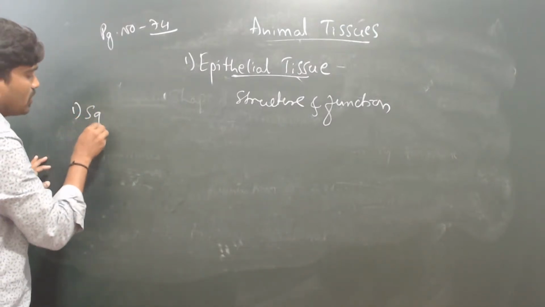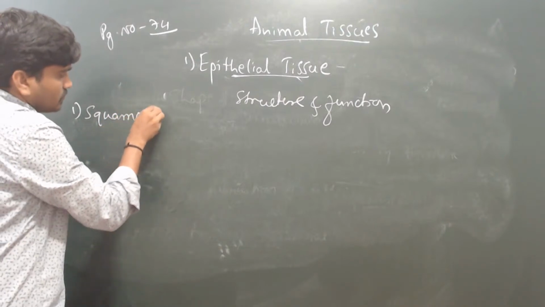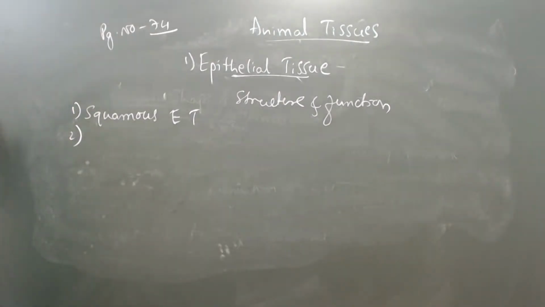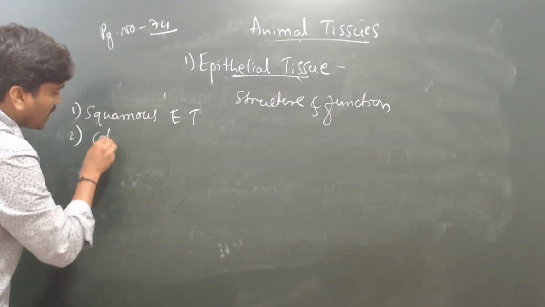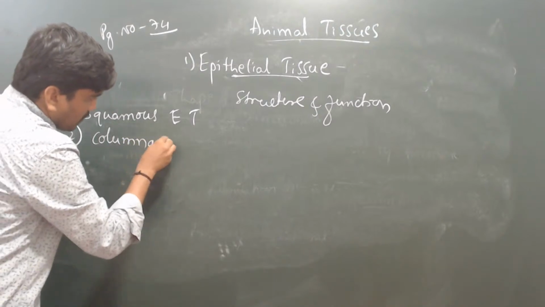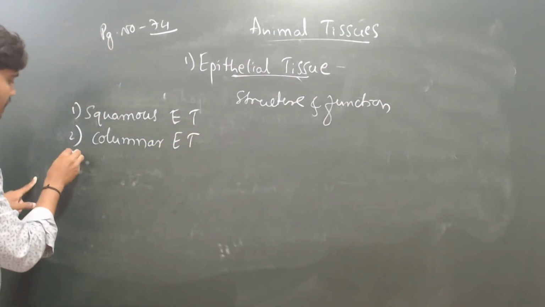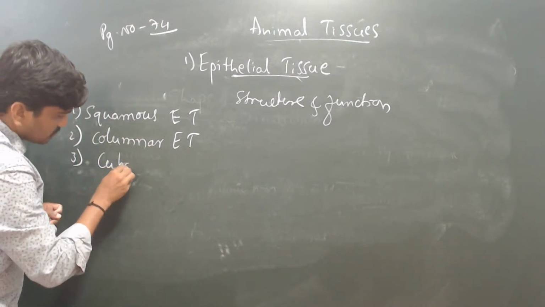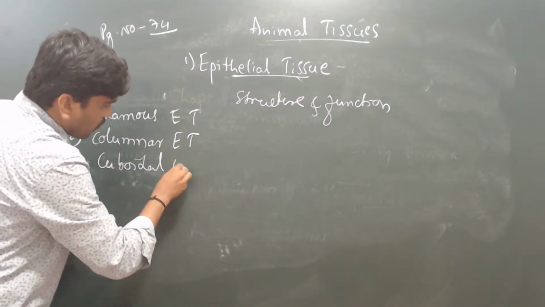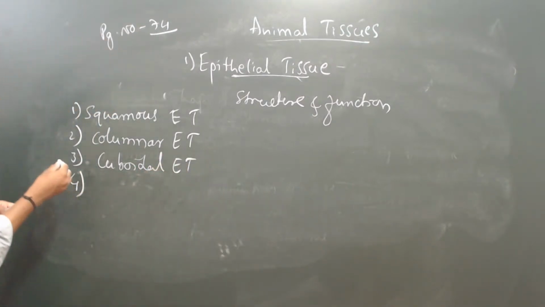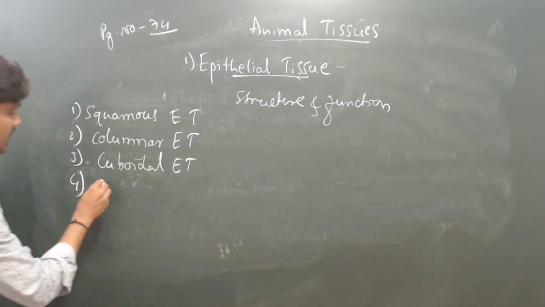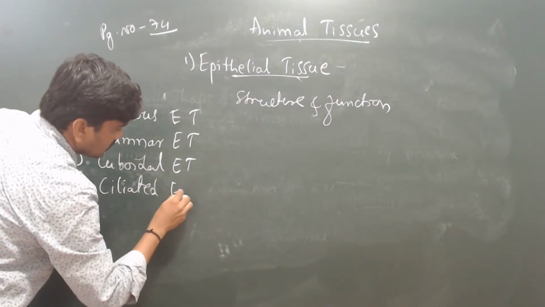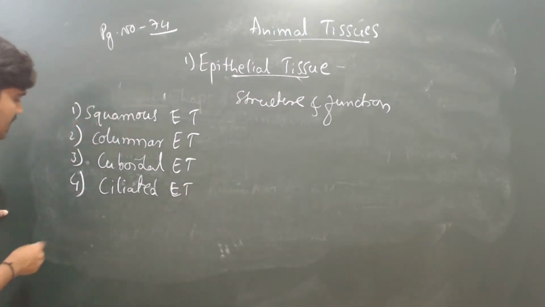First one, squamous epithelial tissue. Then columnar epithelial tissue. Then after columnar, cuboidal epithelial tissue. Then ciliated. Have you heard the word cilia? Yes. Ciliated epithelial tissue.